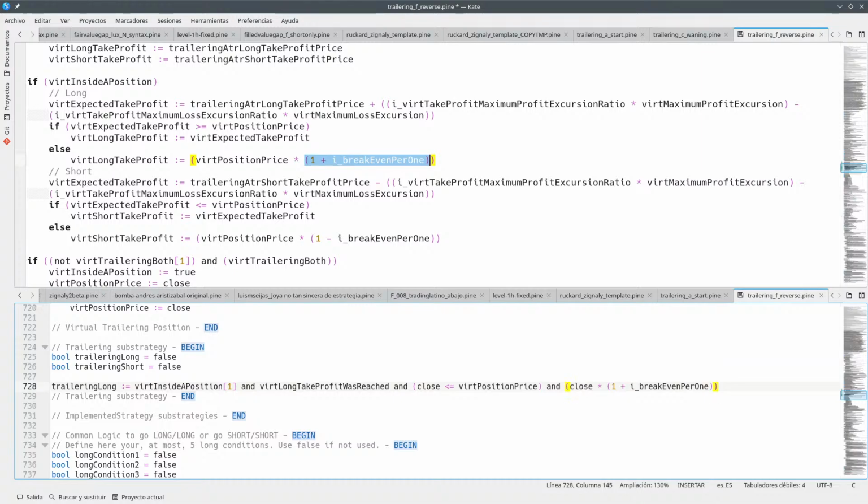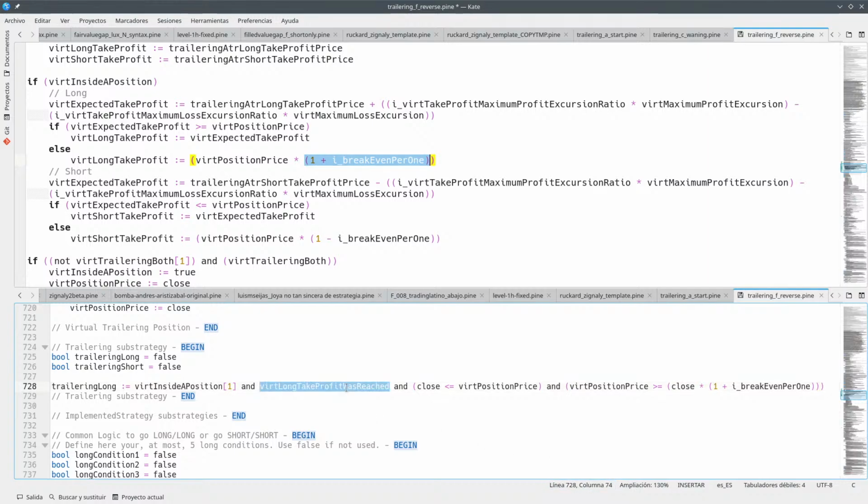So the bear position price, which is here, is higher than what you want to use, but this is not right.